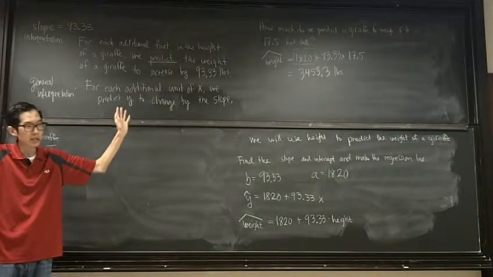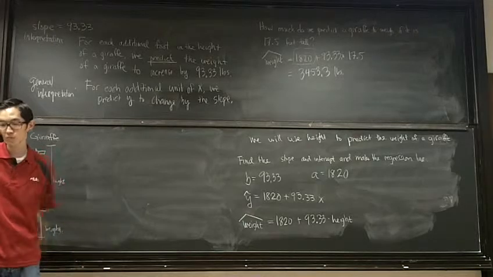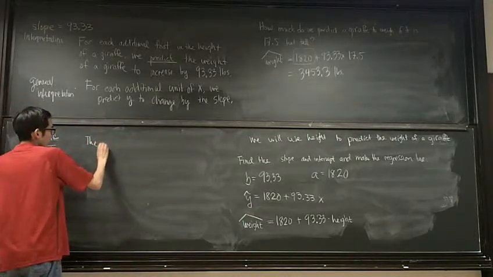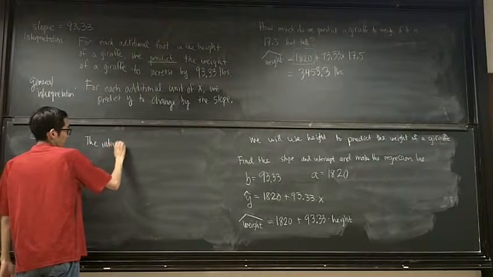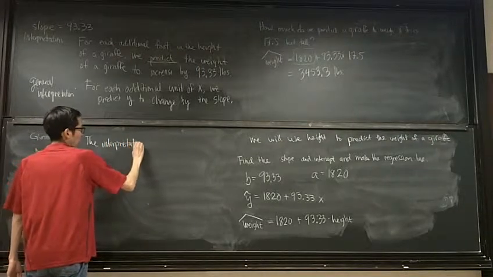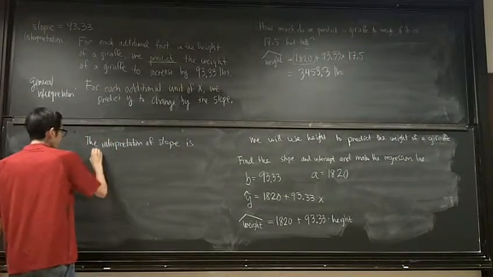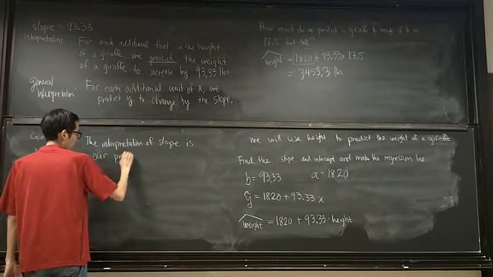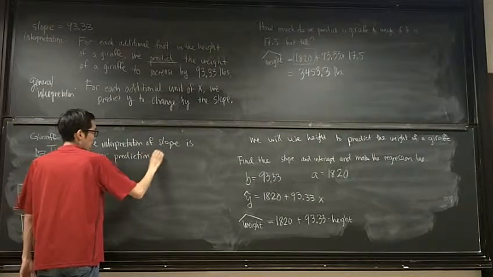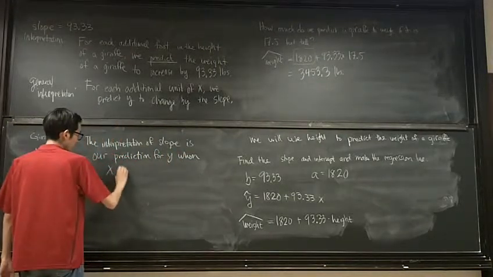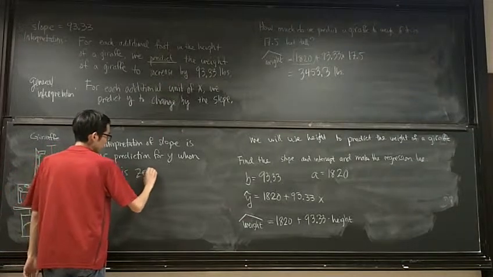But that is the direct interpretation of the intercept. It doesn't make sense in our context, but the interpretation of the slope is our prediction for y when x is 0.